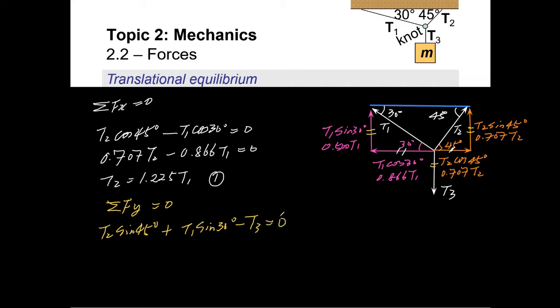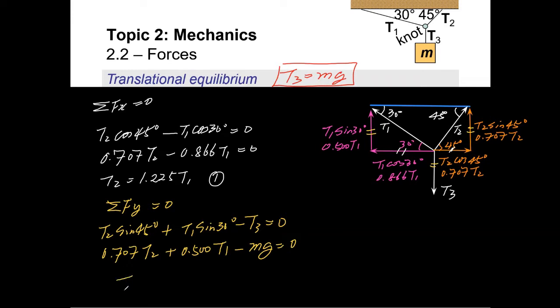Substitute values. So if we simplify, T1 equals mg over 1.366. That's equation 2.